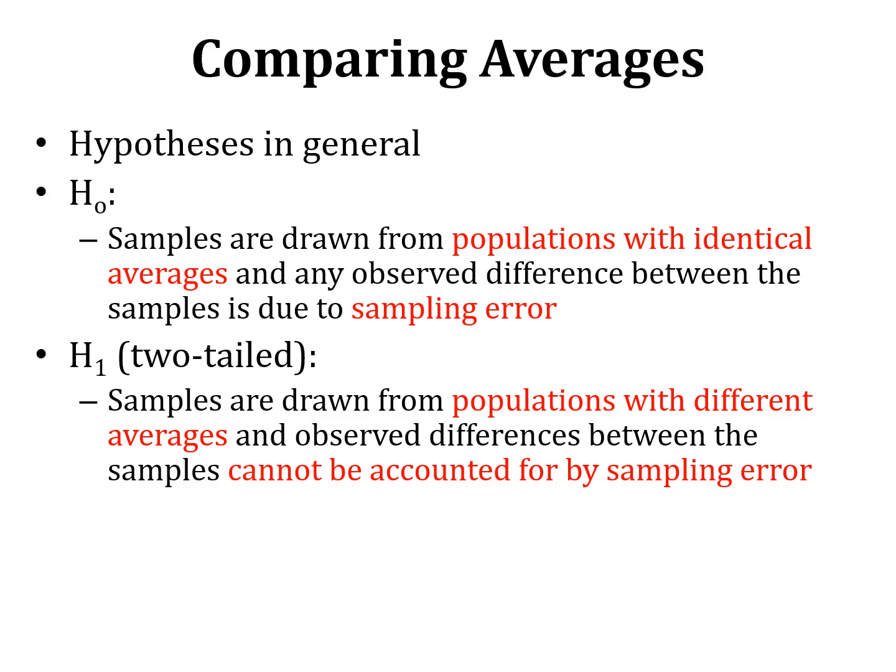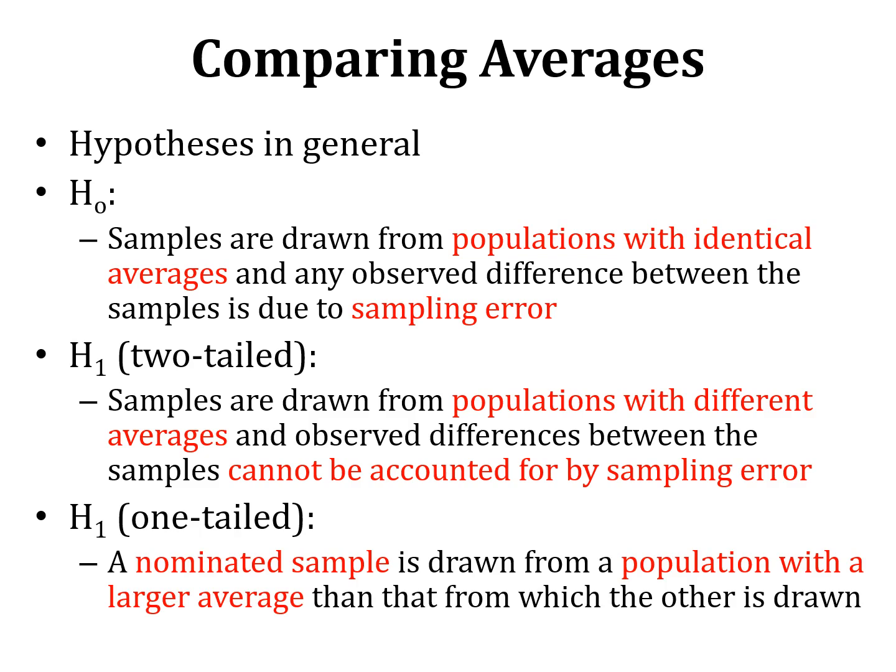Rather, we are just saying that these populations have different averages. And the observed differences in the sample means are significant enough that they cannot be accounted for by sampling error alone. So this is the two-tailed alternate hypothesis.